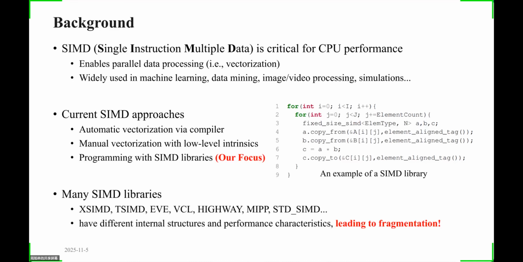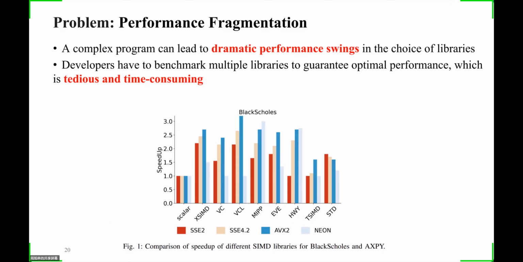But the thing is, there are too many such libraries, HybridSIMD, XSIMD, TSIMD, etc., and each has its own internal design and performance behavior, which bring us two main problems. First, it causes performance fragmentation when there are too many SIMD libraries.